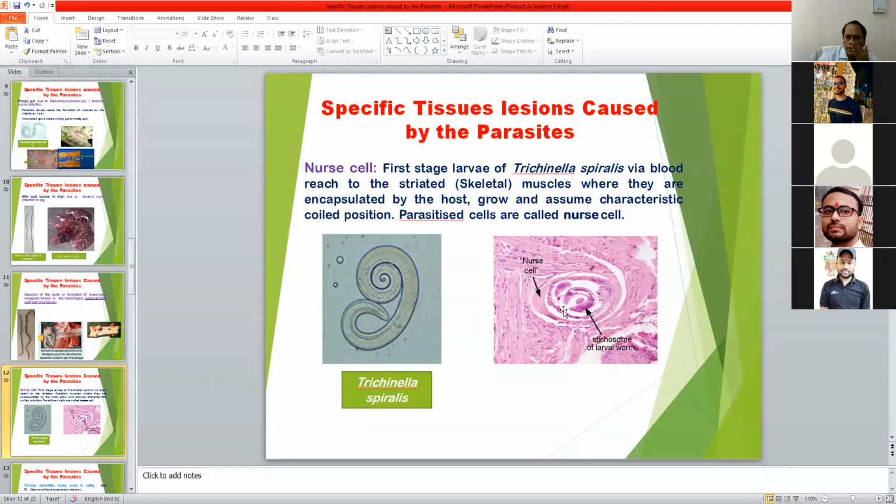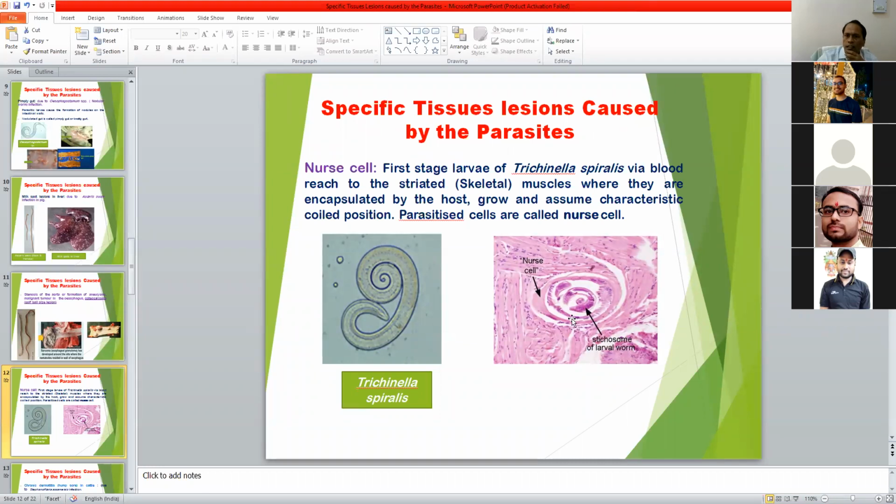Then nurse cell lesion. Nurse cell is caused by Trichinella spiralis, commonly found in pig and mice. This is a zoonotic parasite in which the larva of Trichinella spiralis is surrounded by striated muscle, and this is called the nurse cell, which probably helps in nutrition of the larva.